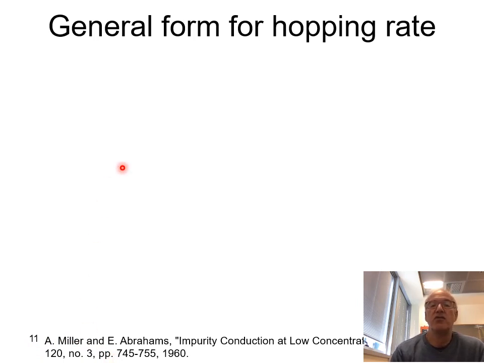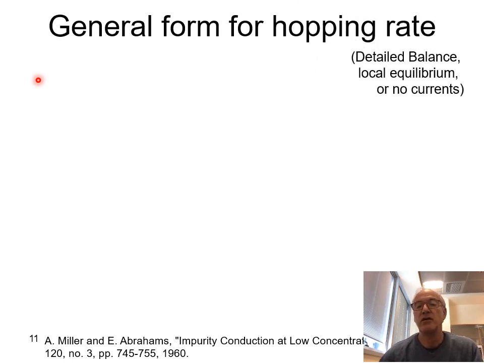So what is really the general form for hopping in a system? Usually when things look really complicated and difficult to track, we have a very powerful tool in our hand that in most cases is really useful. We say that funny things could happen in the structure, things could go strange, but if we zoom in on the scale of two molecules, then we can apply what is called detailed balance, or in some cases we say there is a local equilibrium.